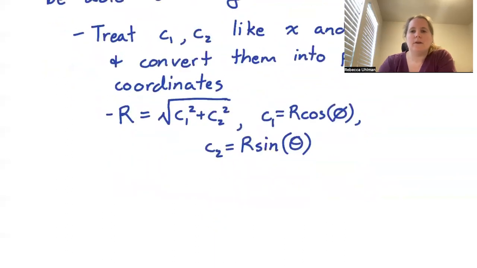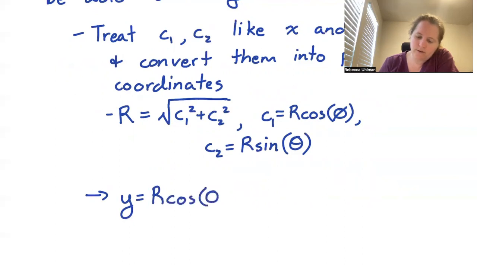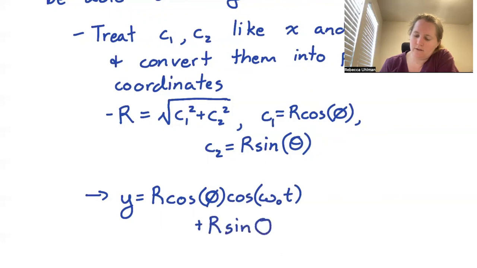Then we can go ahead and rewrite this. So the equation we wind up with: y is equal to r cosine of phi times cosine of omega naught t, plus r sine of phi times sine of omega naught t.